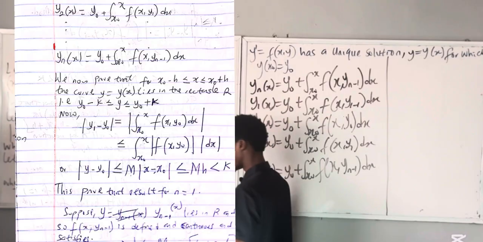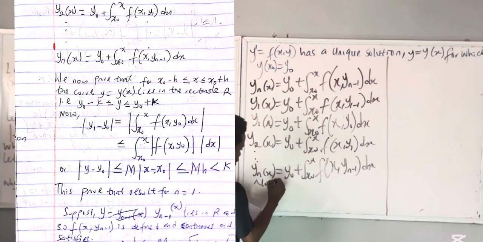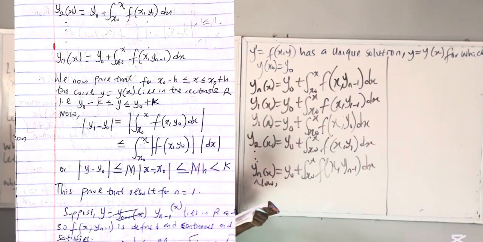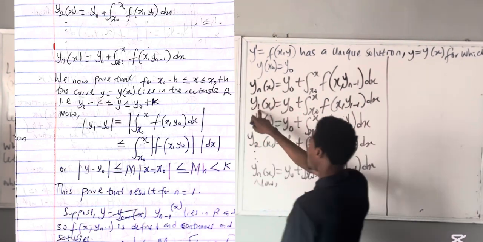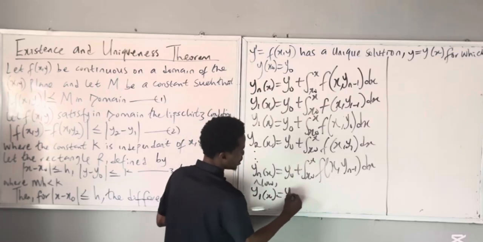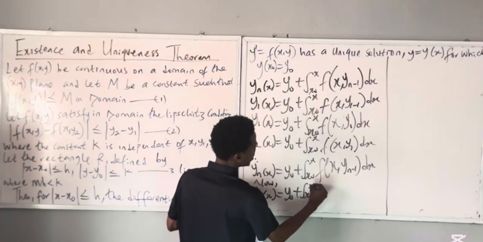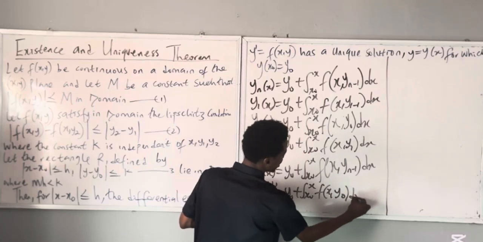Now, how do they get this solution? They have the absolute value of y1 minus y naught. How do they get y1 minus y naught? They got it from here. This is what we have when n is 1: y1 of x equals y naught plus the integral from x naught to x of f of x, y naught, dx.